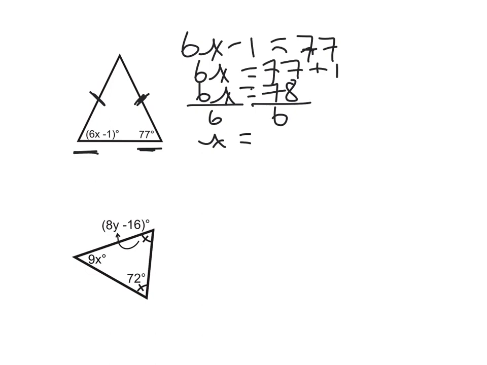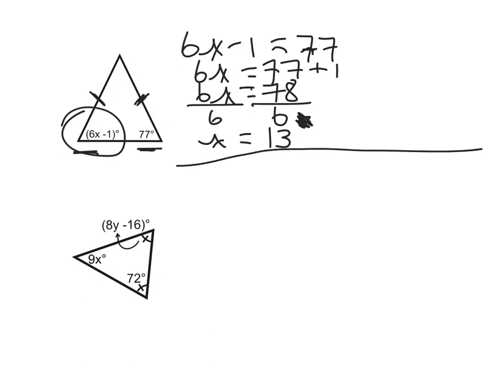I'm not good at subtracting mentally, and I'm not good at dividing mentally. I don't know what the block is. So x equals 13. Sorry, x equals 13, right? So if I substitute x back in, this should equal 77. So that one's a little bit more straightforward than the second one.